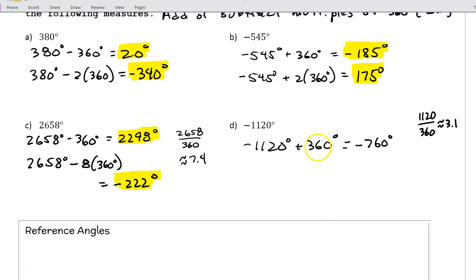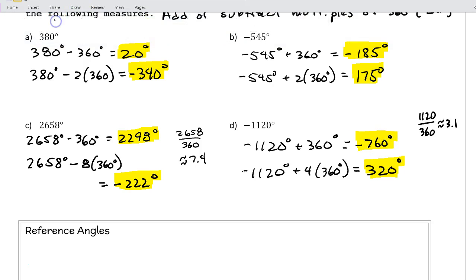So that means that I'm going to have to add 360 more than 3 times to get me into the positive angles. So let's add it 4 times, so plus 4 times 360, and that will give me a positive angle of 320 degrees. And again, I've got my positive coterminal and my negative coterminal.